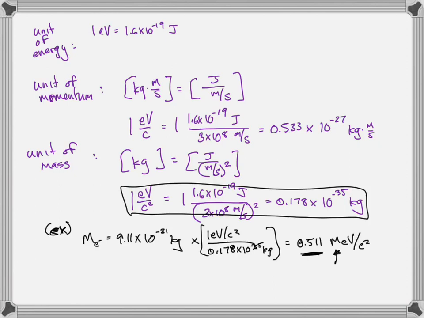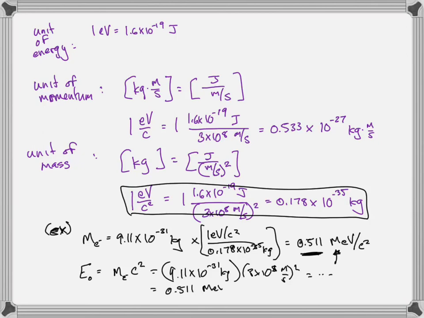Well, because then we can say, oh, what's the rest energy of an electron? And this is going to be important in relativity. The rest energy of the electron is the mass of the electron times c squared. What's that equal to? Well, if you wanted to, you could do 9.11 times 10 to the minus 31 kilograms times 3 times 10 to the 8th meters per second squared equals... I'm not actually going to write that out because we could instead do 0.511 MeV per c squared, that's the mass, times c squared.